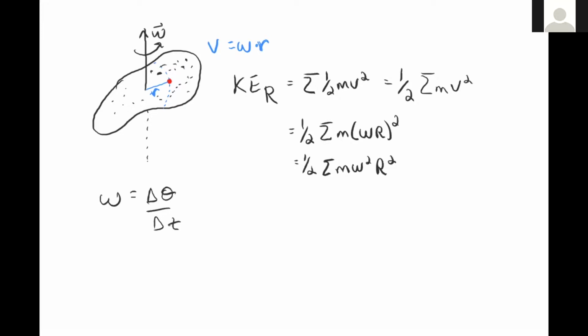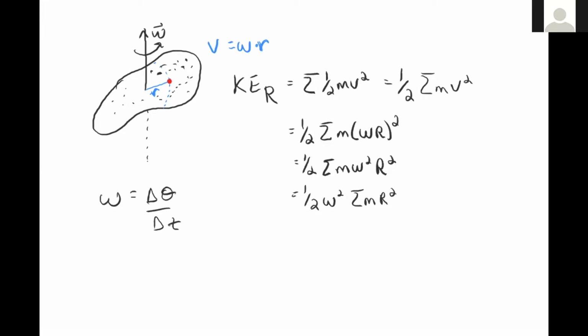So omega is the same for every little mass point on this shape. So if omega is the same, that means that I can pull omega out of the summation sign because it's going to be the same for every particle. So this is equal to 1/2 omega squared times the sum of m r squared.